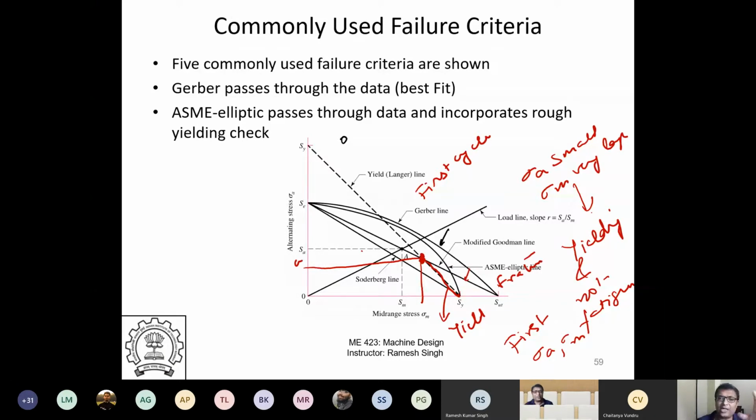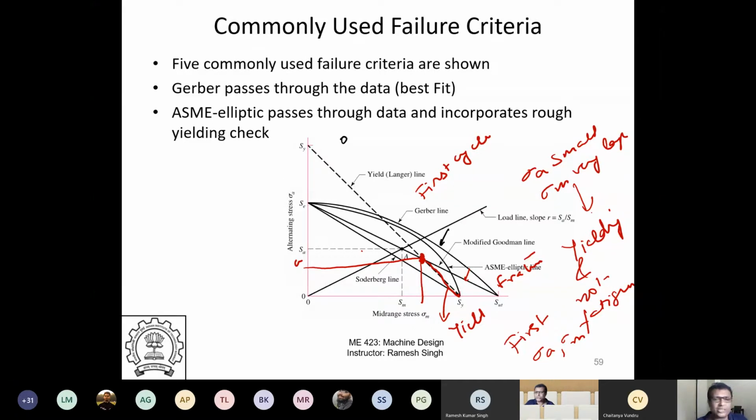Any questions here? Did you get what I'm trying to say? I'm saying that there's a combination of sigma A and sigma M where the first cycle itself will give you yielding. Is it clear? If not, stop and ask me the question, I'll explain it and then move on to the next thing.